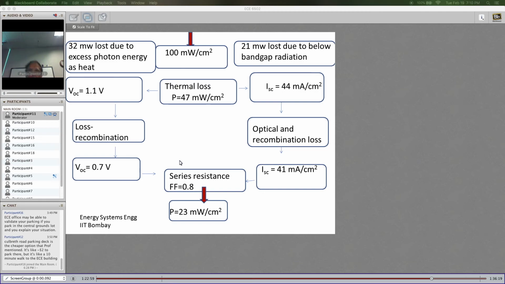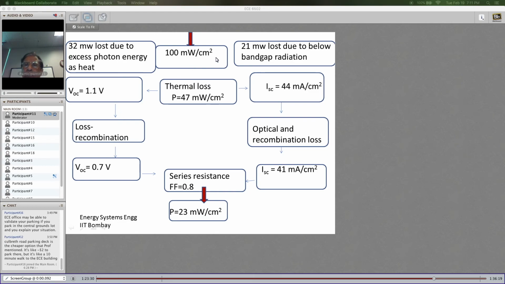Now let's look at what we have learned about the various losses. We learned about the electronic loss, we learned about the optical loss. So now we can look at this complete picture. We have sunlight which is 100 milliwatt per centimeter square. That's the power per unit area the sunlight has incident on the Earth's surface. So that number is fixed.